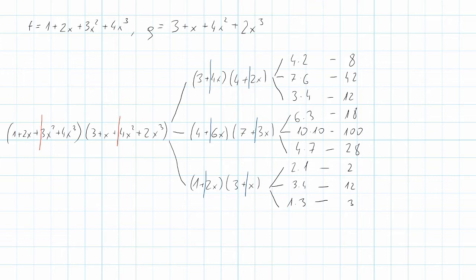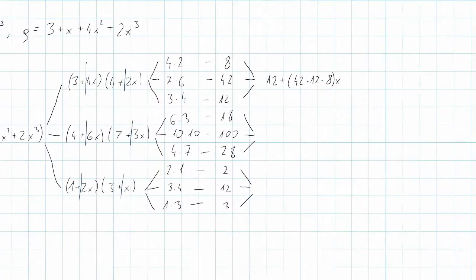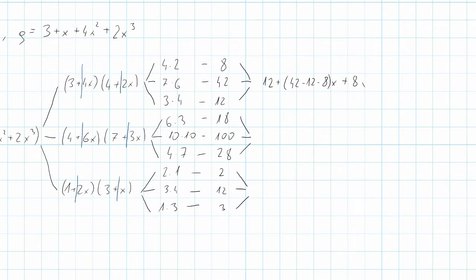And now we need to recombine them using the Karatsuba formula to compute the products of polynomials we started with. So it will be like this. It is 12 plus, now we have 42 minus 12 minus 8 times x plus 8x squared.